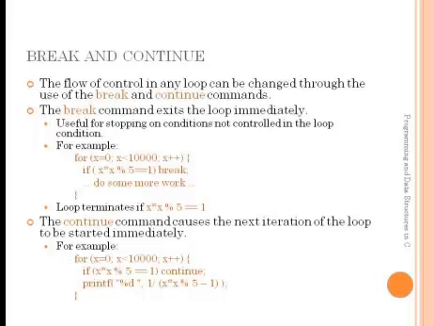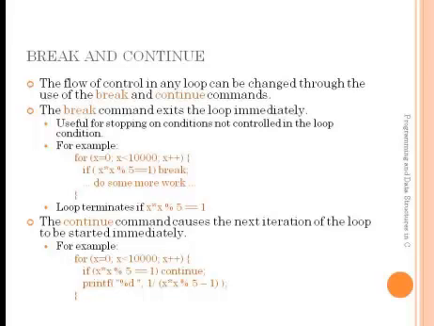Then the condition is 1 modulus 5 equals 1. That is true, so the control will go to the continue statement. Whenever it sees the continue statement, it simply skips the following code and starts with the next iteration.